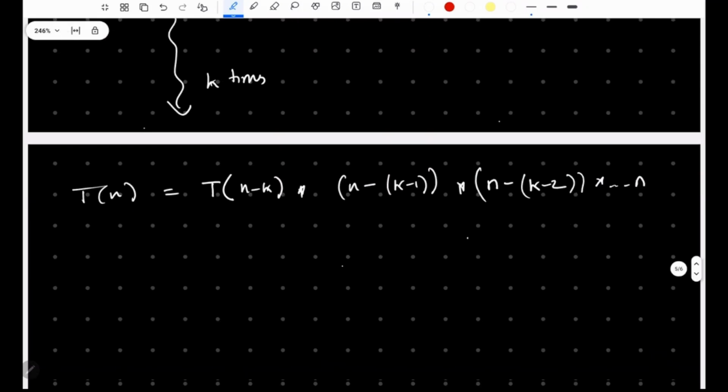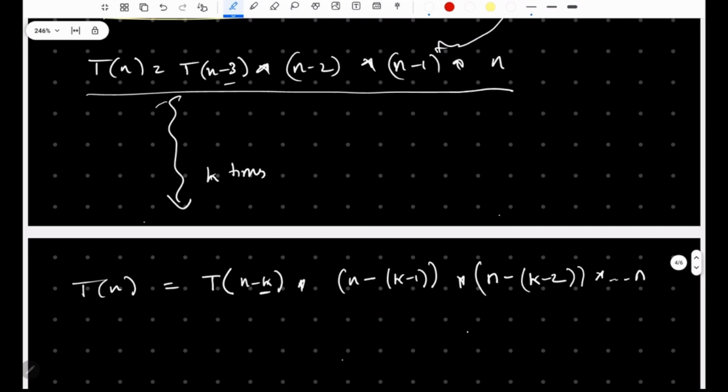How did we come to this? Let's take k equal to 3. Then n minus k is n minus 3, k minus 1 is 2, and k minus 2 is 1. So this satisfies.